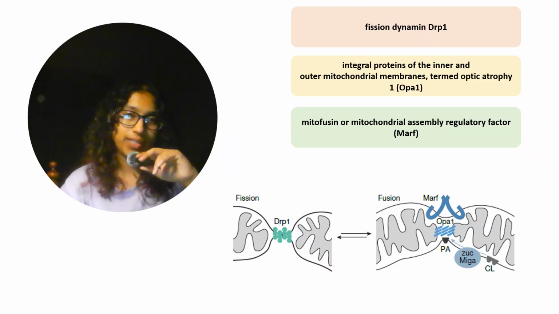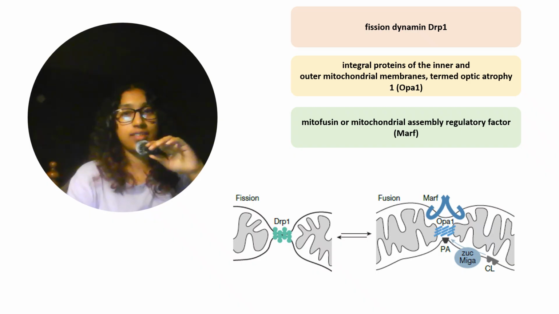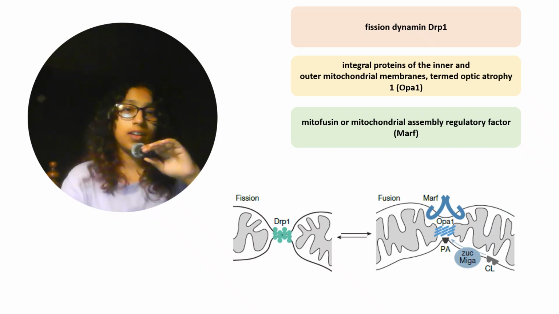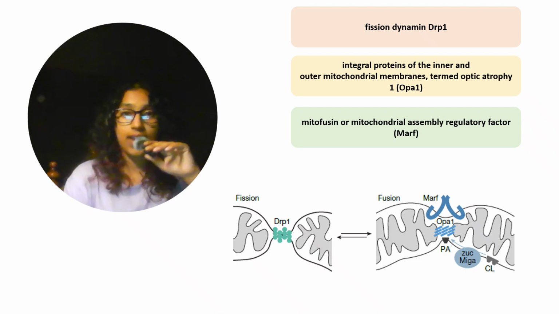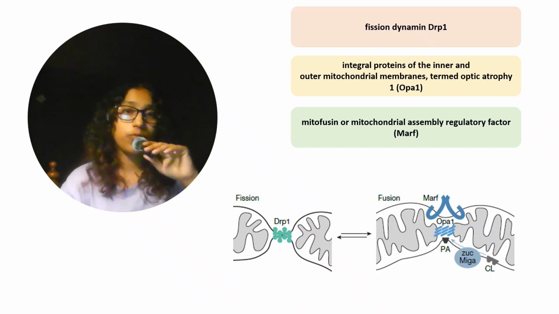So, how do they do it? They targeted these three factors, which is the DRP1, which we have already seen, but now it is connected to these two groups of proteins. The first being the integral proteins of the inner and outer mitochondrial membranes, which are termed the optic atrophy 1. I'll call it OPA1.